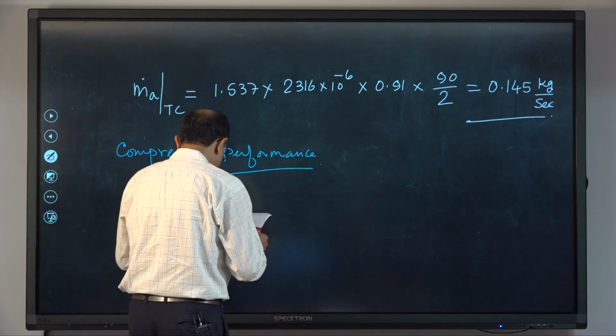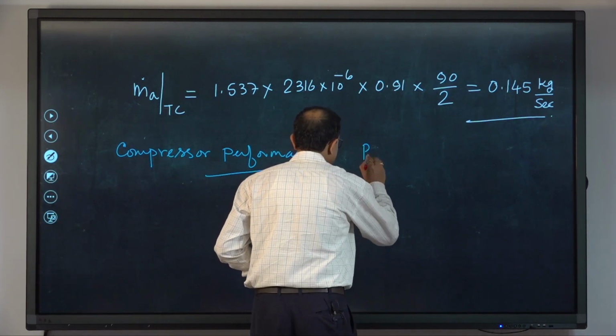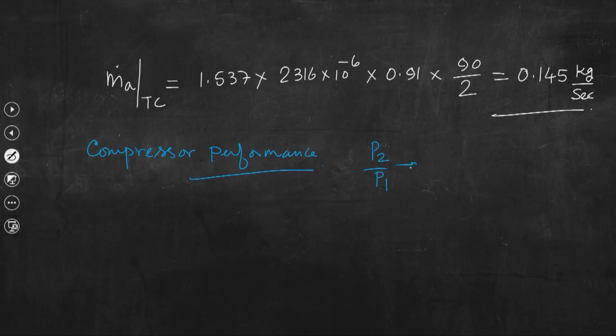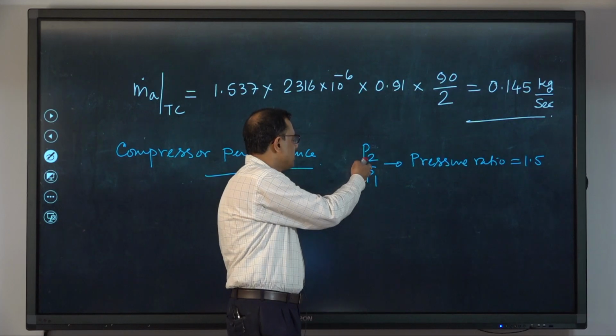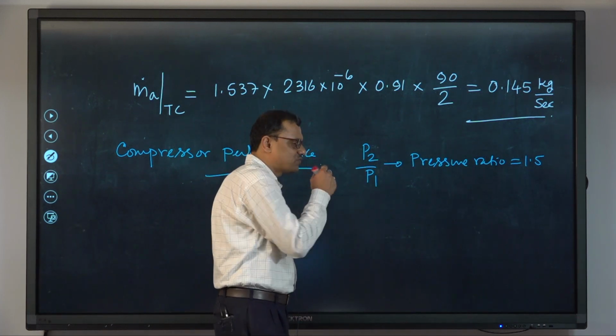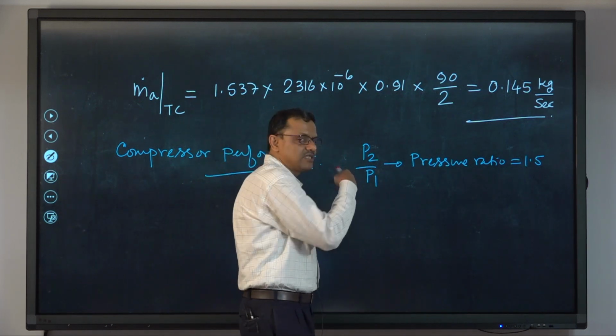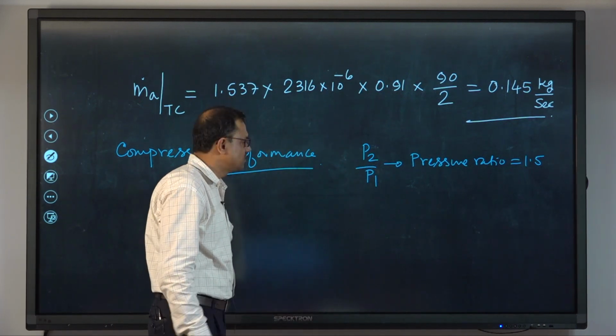So, for the compressor performance, the pressure ratio P2 by P1 equals 1.5. Do not be confused by 2 and 1. Subscript 1 denotes the state at the inlet of the compressor, and subscript 2 denotes the state at the exit of the compressor.